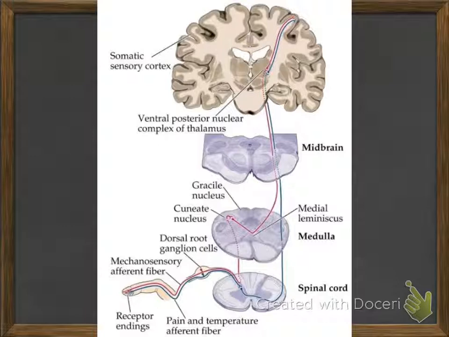Secondary neurons synapse in the VPN of the thalamus. From the VPN of the thalamus, tertiary neurons ascend via the internal capsule to the primary sensory cortex.